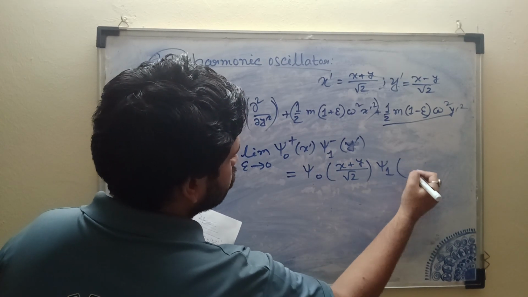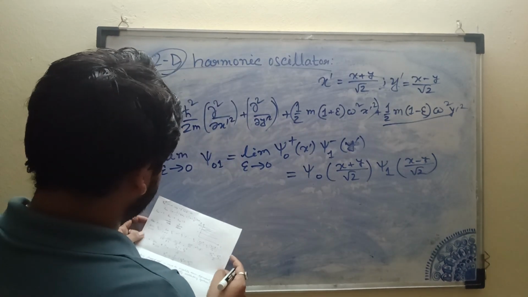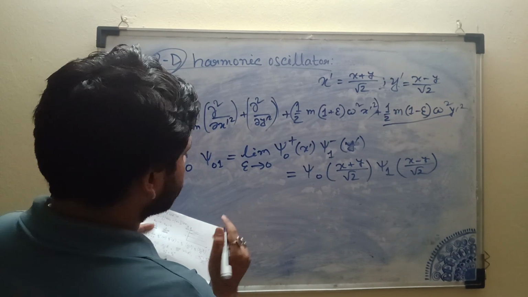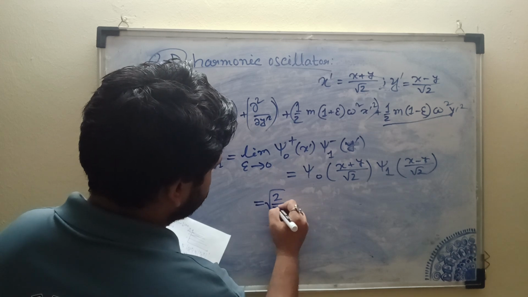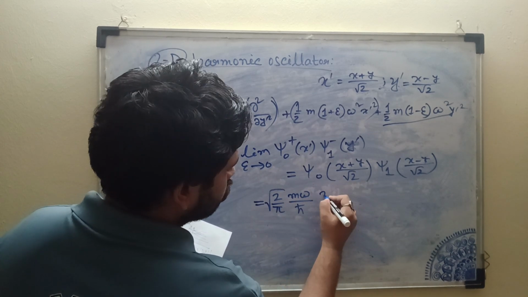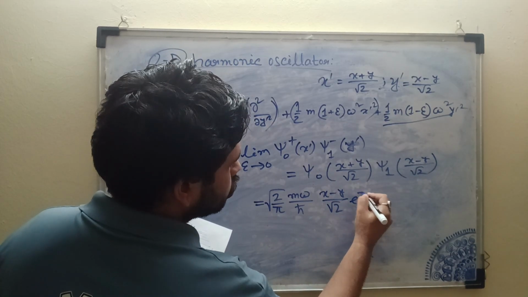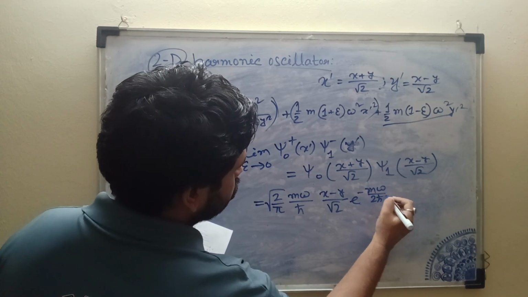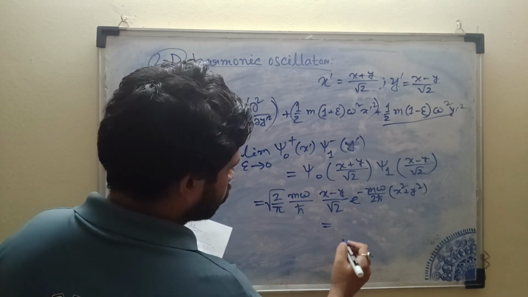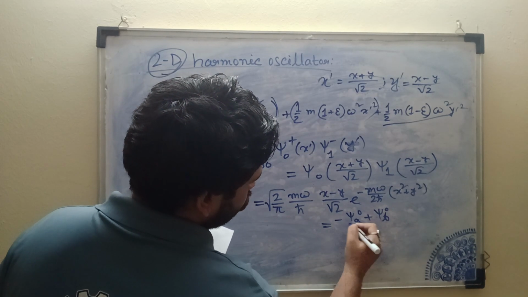So we will get this as the required eigenstates, and this will give us a result m omega by 2h bar (x squared plus y squared), which is (minus psi a 0 plus psi b 0) by 2.